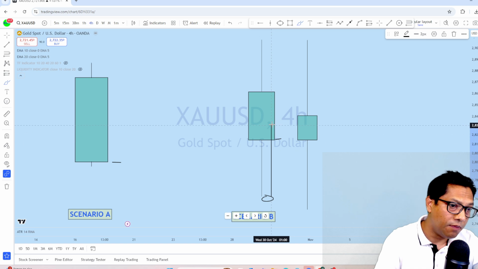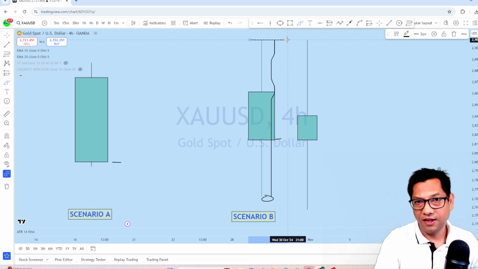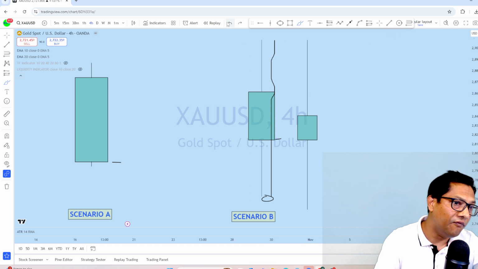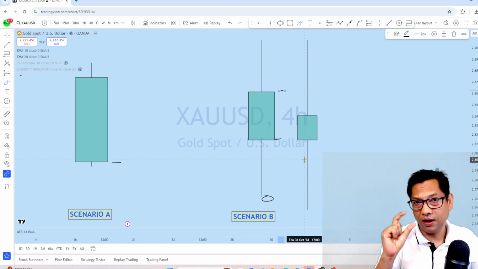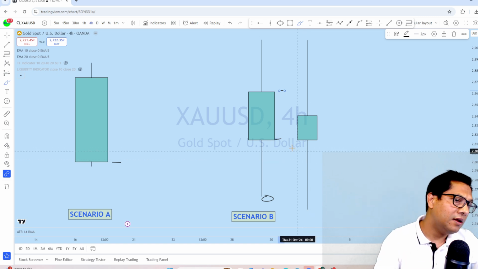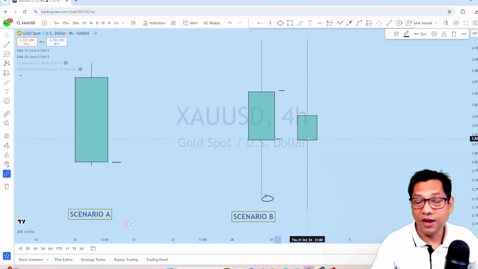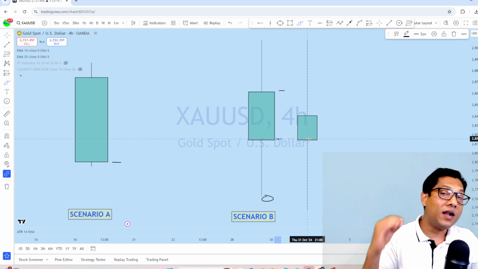The price went up well above somewhere here and created this high, and then again the sellers were aggressive in that market, and the candle closed with a comparatively narrow green body. That means the level where the price opened and the level where the price closed, the gap is very small. And what does that mean?